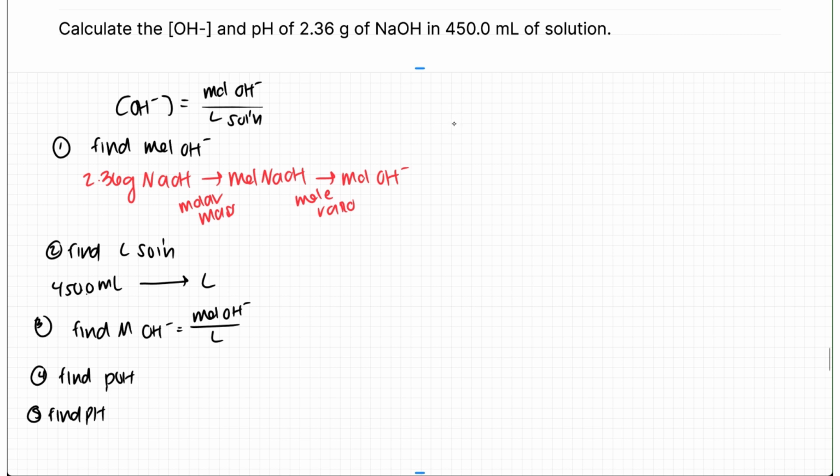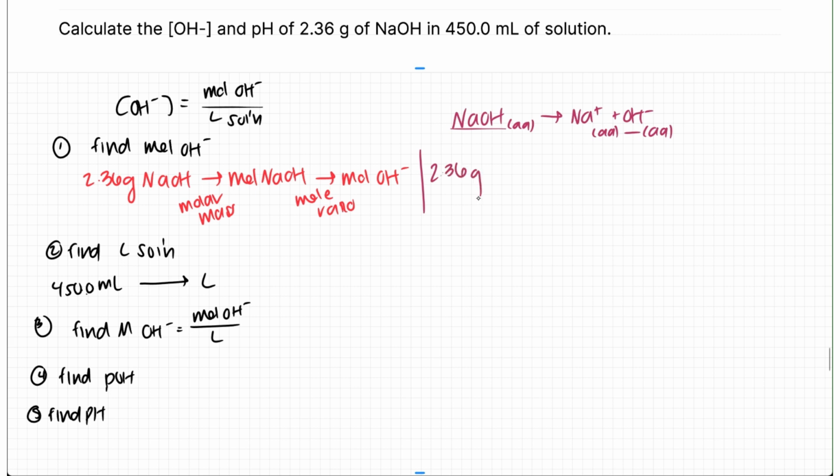We first want to write the equation. So we have NaOH separating into Na+ and OH-. We want to make sure that the equation is balanced and it looks good. We will have a 1-to-1 mole ratio between NaOH and OH-.